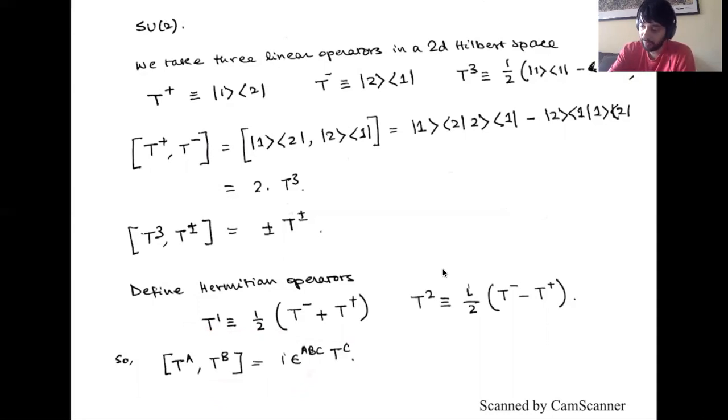Levi-Civita symbol. If you're not familiar with this, it is just that epsilon 1, 2, 3 is equal to epsilon 2, 3, 1 is equal to epsilon 3, 1, 2, which is 1, and the odd permutations like epsilon 1, 3, 2, 3, 2, 1, and epsilon 2, 1, 3 are equal to -1, and epsilon with any repeated index is equal to 0.